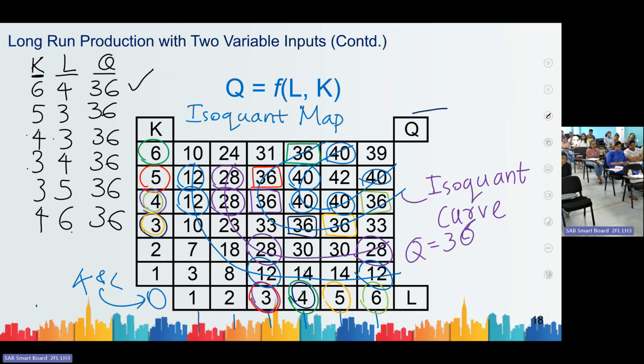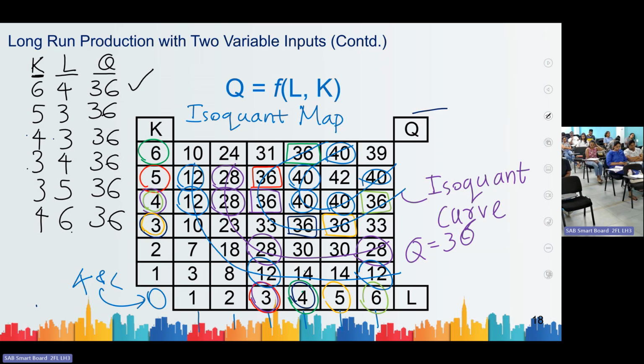You can see the isoquant curve for 12 units of output is closer to the origin. Next we have 28. Next we have 36. Next we have 40. So likewise, when an isoquant curve lies far away from the origin, those higher isoquants represent higher output levels.